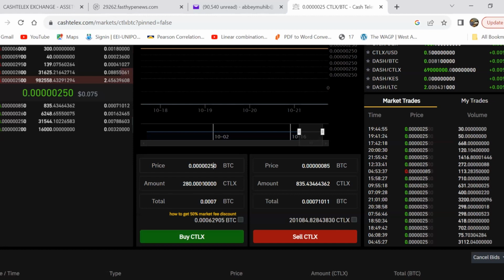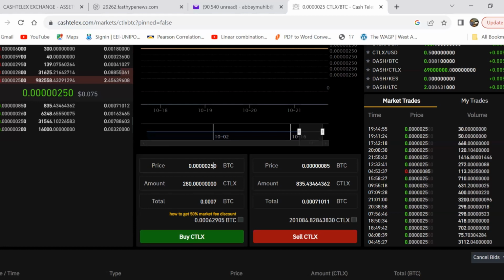Today we have $1 to 1,200 naira, so the naira is losing value and the dollar is gaining serious value. Just imagine you have this and the exchange is working perfectly, which I know very soon, by God's grace, everything will be perfect and we'll all be smiling to the bank. So let's encourage ourselves to buy it when it's very cheap, so that we take advantage. And I know we'll all be smiling at the end of the day.